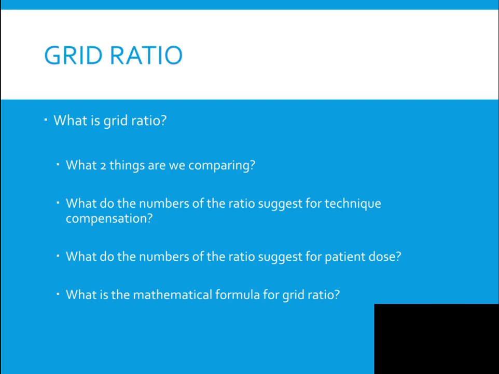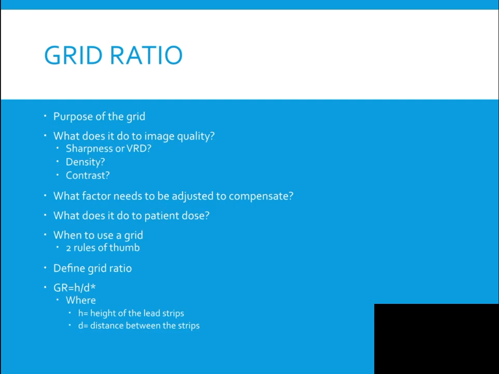So the higher the grid ratio, the higher the number. So a 16-to-1 grid ratio means that we've got more lead in our grid than what we have with say a 5-to-1. With that higher grid ratio, we're going to have more scatter cleanup, which is going to improve our image, potentially give us a higher contrast. But that also comes with the understanding that our patient dose is going to go really pretty much through the roof.